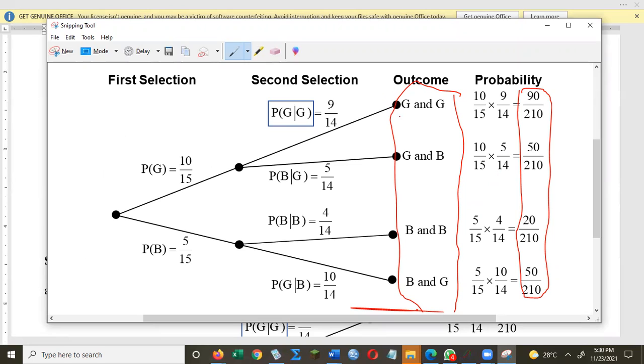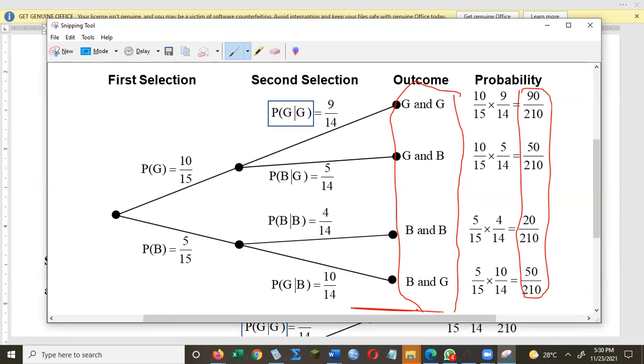Remember we said not to go back inside of the tree. Do not go back into the tree. All your answers have to be the outcomes and the probabilities. Please do not go back into the tree to answer the follow-up questions.